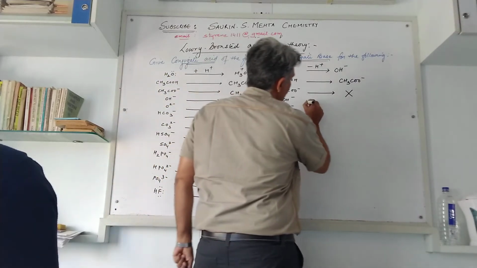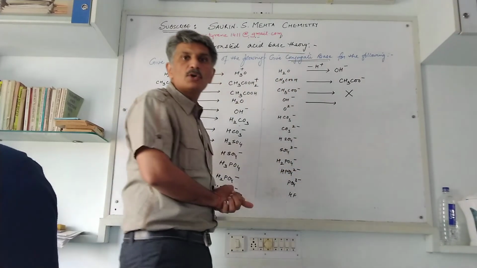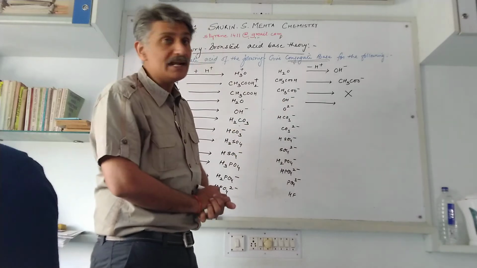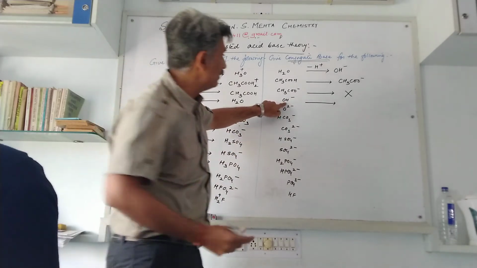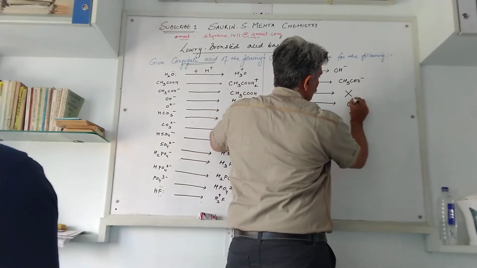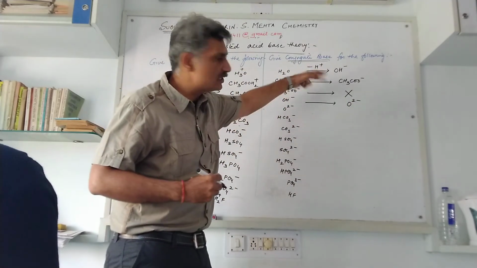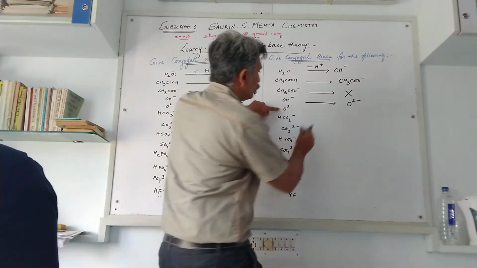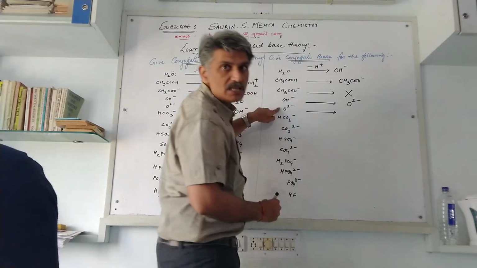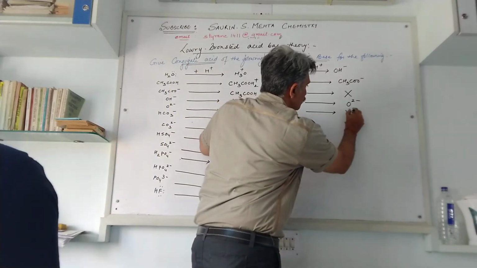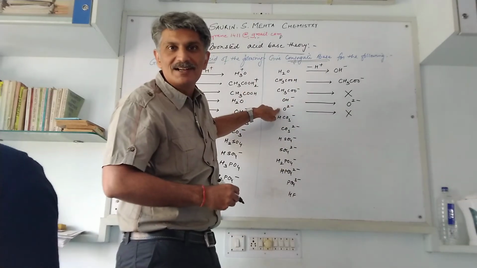We'll take OH minus. I want to get its conjugate base. I can get it because there is an H which can be eliminated, and so I'll have O2 minus. The 1 minus charge adds because H plus is removed. For O2 minus, can I have the conjugate base? No, I can't, because there is no hydrogen present in the compound.